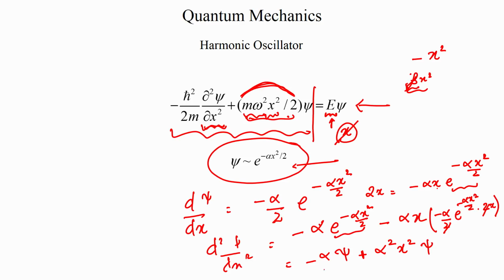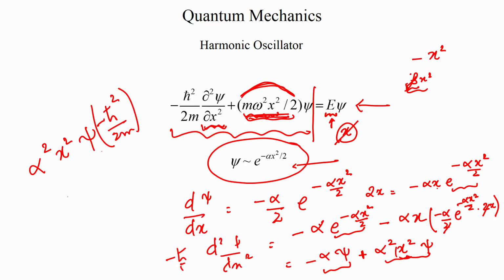So, you see that you have a constant times psi and you have something which has an x square component in it, and going by our argument this component should cancel off that component there. So, for me to have all this work out, we need alpha square x square psi into minus h bar square by 2m, must be equal to your m omega square by 2.